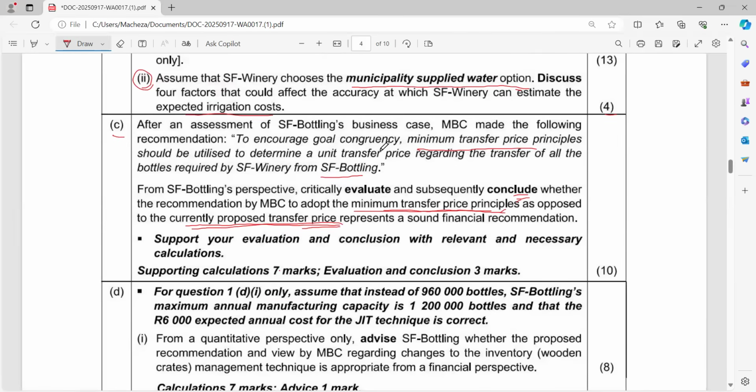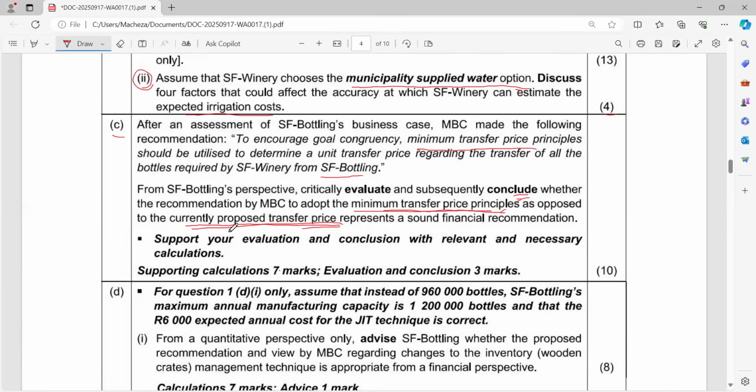This guy was saying to encourage goal congruence, minimum transfer price principle should be utilized to determine a unit transfer price regarding the transfer of all the bottles. Then the question says, from SF Bottling's perspective, critically evaluate and subsequently conclude whether the recommendation by MBC to adopt the minimum transfer price as opposed to the currently proposed transfer price.